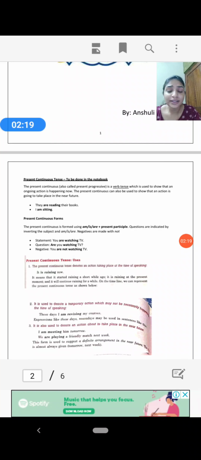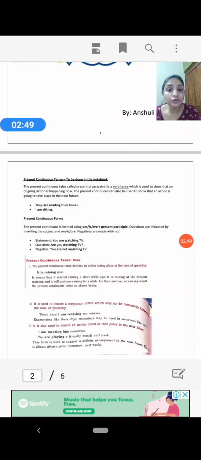Then let's read about present continuous forms. The present continuous is formed by using am, is, are plus present participle. So students, to make a sentence of present continuous tense, you need to use any form of is, am, are and the present participle form of the verb.